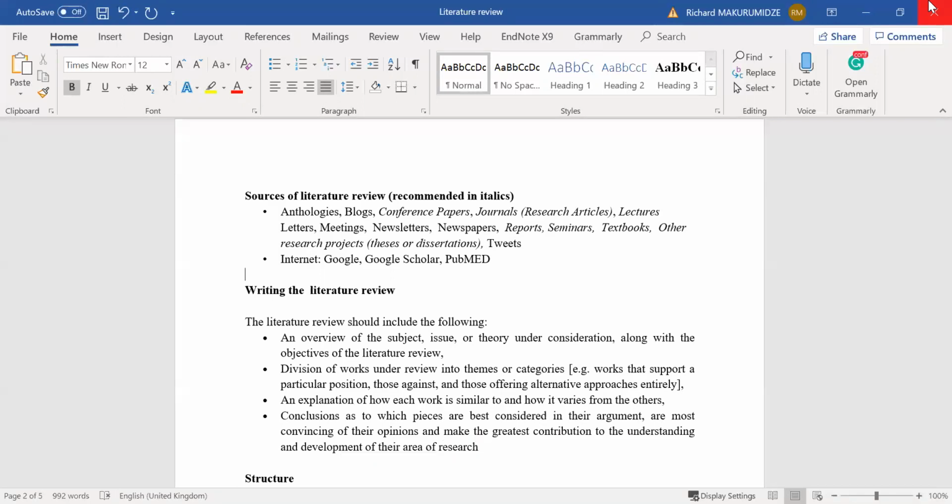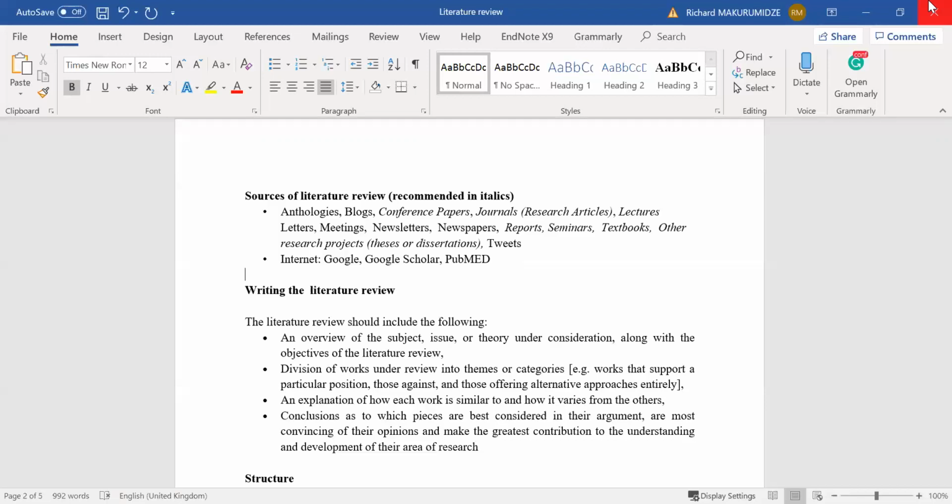You can use the general Google where you type whatever, depending on your topic, you search, then you can get the articles. But there are two types of Google, and there's another Google which is called Google Scholar. Google Scholar is more academic and more scientific. So if you are looking for academic things, you are writing a research, it's usually advisable to go into Google Scholar as opposed to using the ordinary Google.